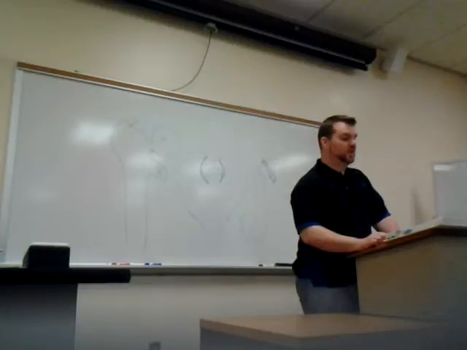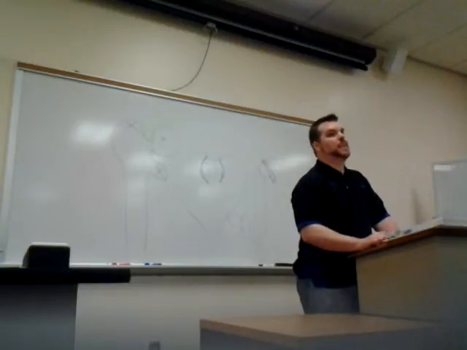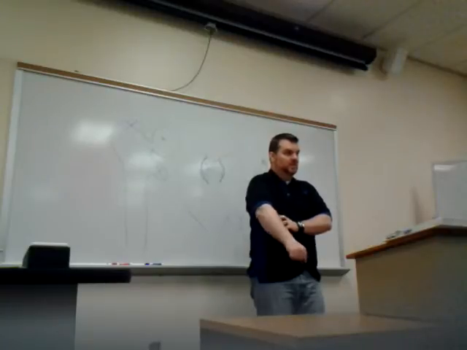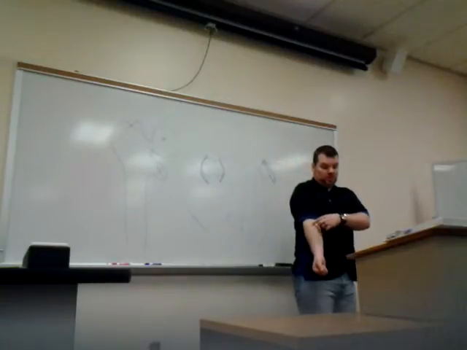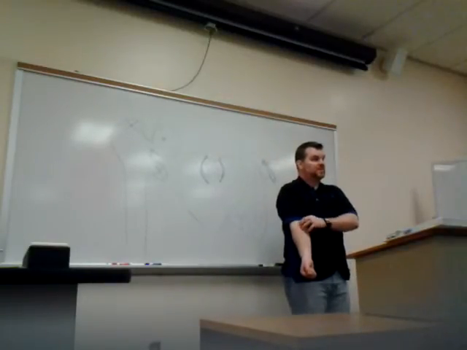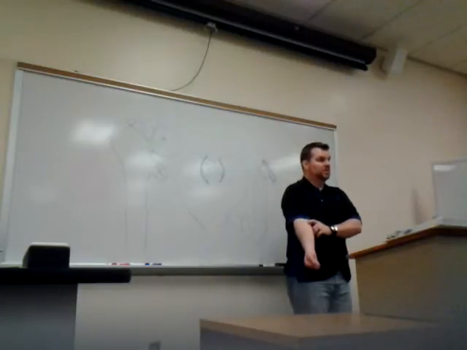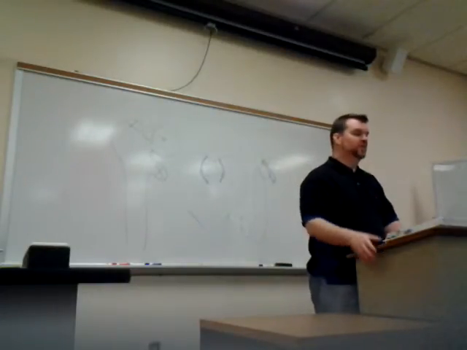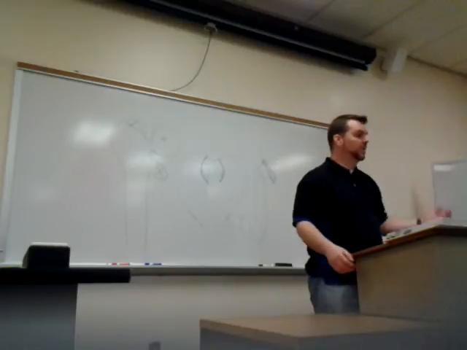Okay, so if I ask you where a pivot joint is, you're going to tell me your elbow, at your wrist, that allows your arm to do this. So your radius pivots around your ulna. That's a pivot joint. Ball and socket, hopefully you guys know, it's going to be your shoulder, your hip.